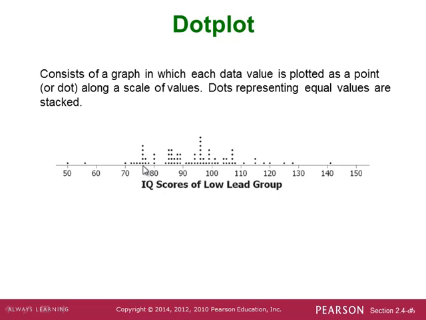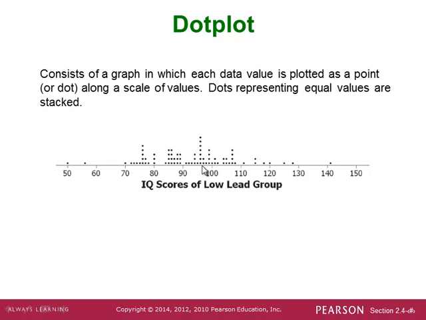What you do here is that you place a dot over its respective position on the real number line. So you can see that there's one reading at 70, one reading at, say, 56 or so, one reading at 50. Over here, it looks like there's 1, 2, 3, 4, 5 readings of 77, I suppose, or 76, whatever that is.